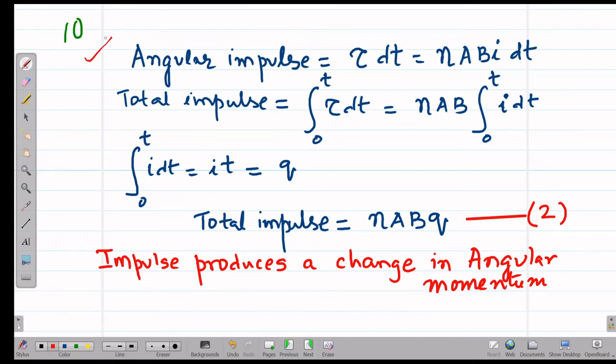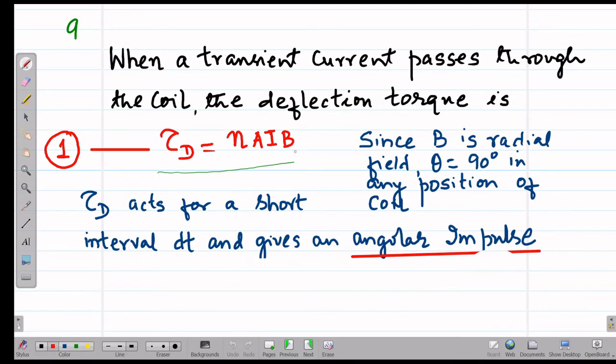We are just doing what we already learned from PUC classes. Whenever a torque acts on a body for an interval of time delta t, it will create an angular impulse, and that angular impulse is nothing but tau into delta t. Tau into delta t or tau into dt is, tau is nothing but NAIB, that we already saw here.